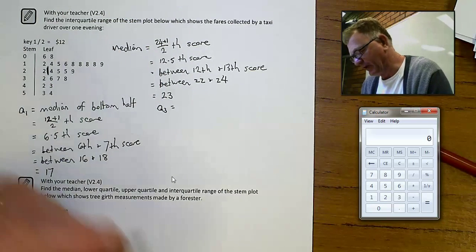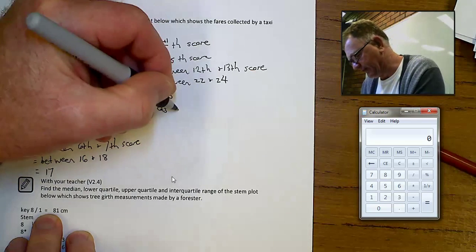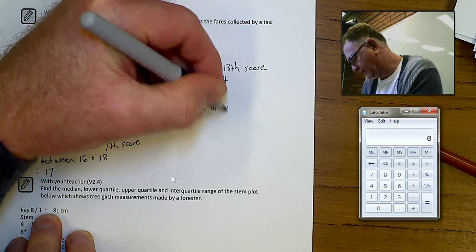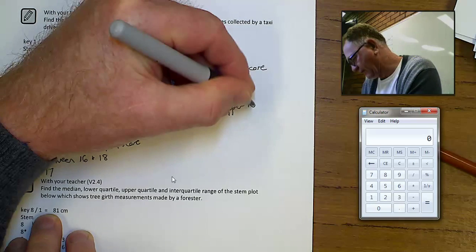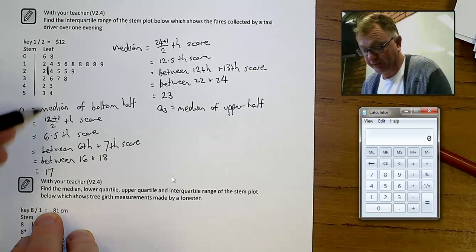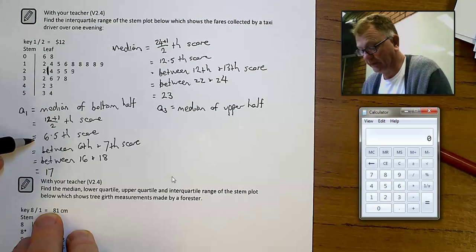The upper quartile is the median of the upper half. Now we've already worked out there's 12 scores in this half as well, so the halves are equal, so it's going to be the 6.5th score, or between the 6th and 7th score in the upper half.